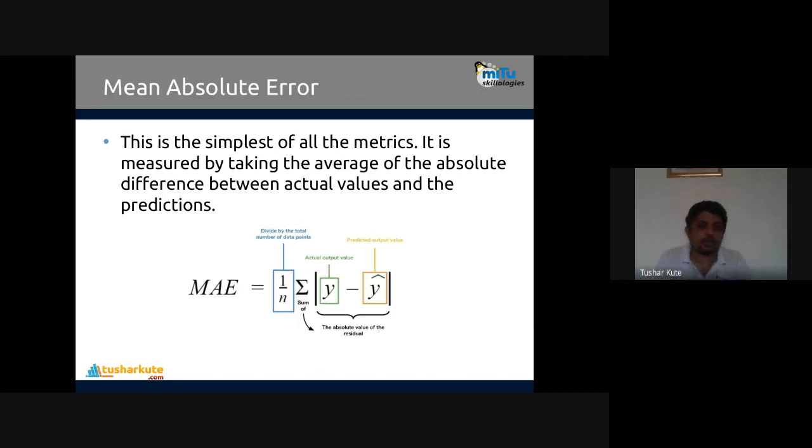You can see the formula of mean absolute error here: the summation of actual values y minus y hat, the predicted values by the regression model. So the absolute value of y minus y hat, the absolute residual, summed over all and averaged by dividing by n. That is the mean absolute error that we can calculate.